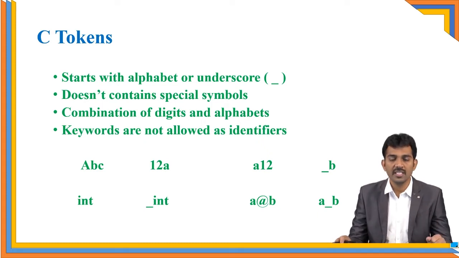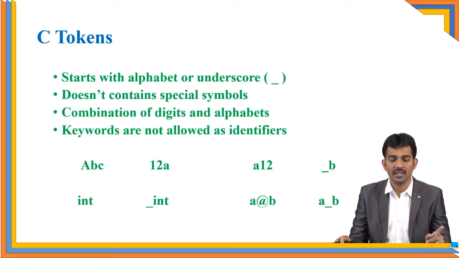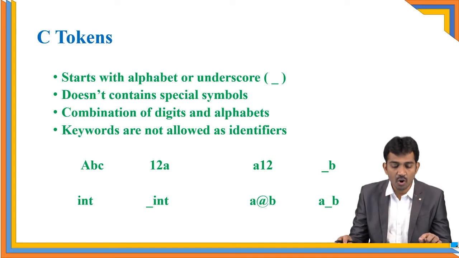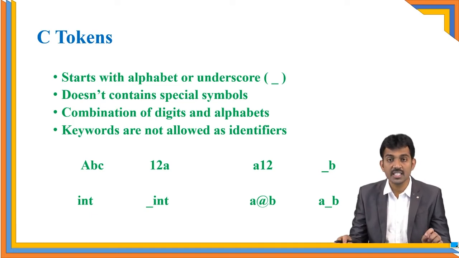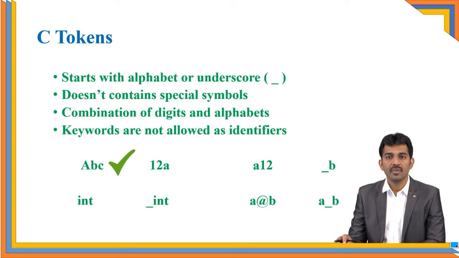If you observe ABC clearly, it starts with A, which is an alphabet, so the first rule is valid. It does not contain any special symbols. It is a combination of only alphabets. Keywords are not allowed, and ABC is not a keyword. Yes, this is a valid identifier.